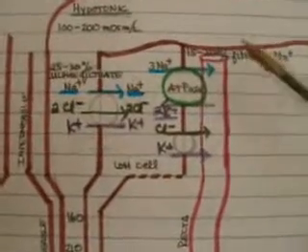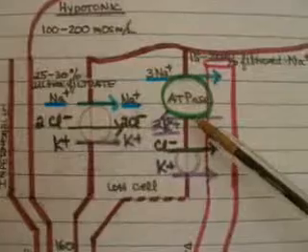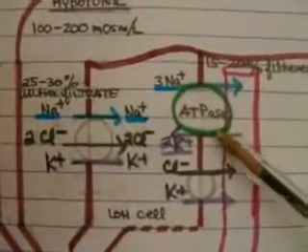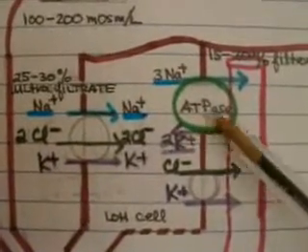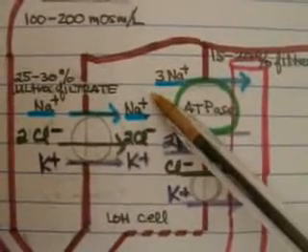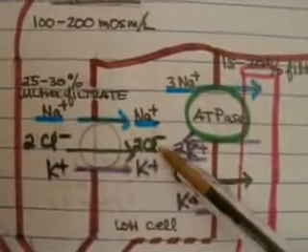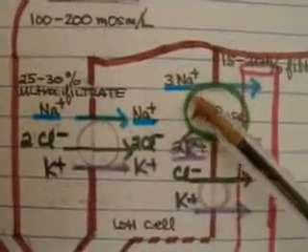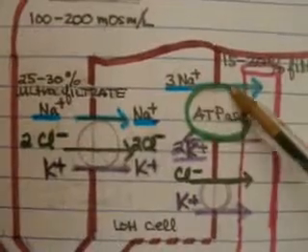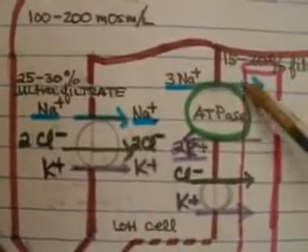But we can see here that the driving force comes, once again, from the sodium-potassium ATPase. This is active transport of sodium from within the tubular cell, the loop of Henle thick ascending limb cell, into the capillary vessel.